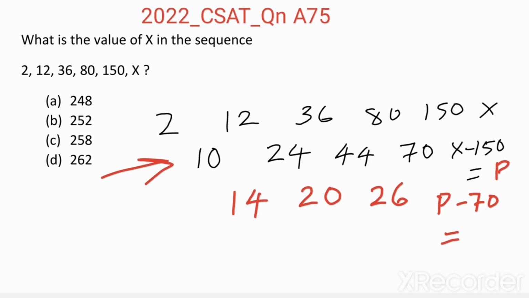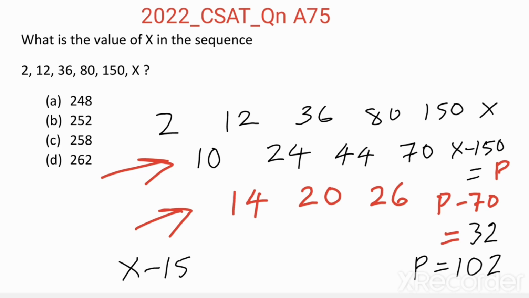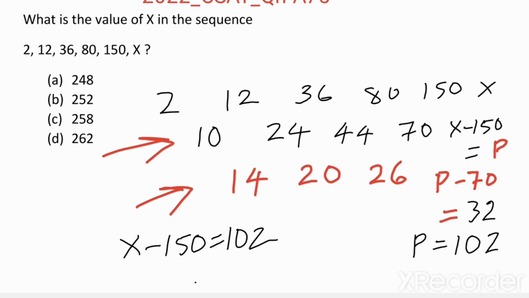Here we can see we got another series which is increasing by 6. 14 plus 6 equal to 20. 20 plus 6 equal to 26. Then 26 plus 6 equal to 32. From here we got p equal to 102. 70 plus 32 equal to 102. Then x minus 150 equal to 102. Then x equal to 150 plus 102, 252. Option B is the right answer.